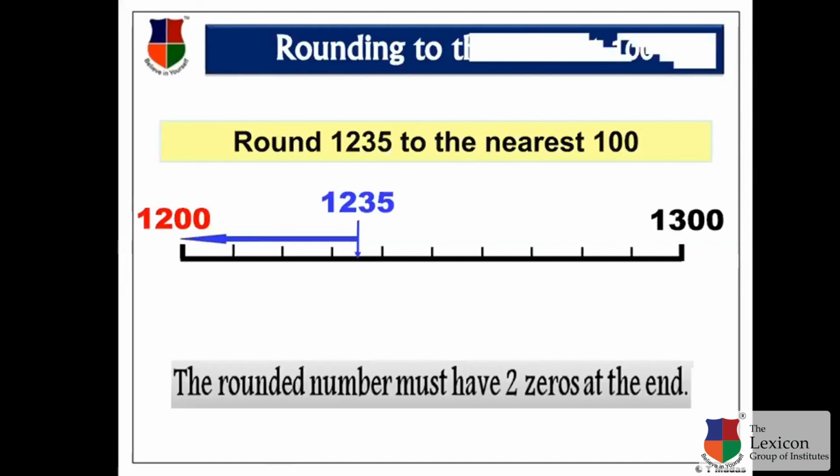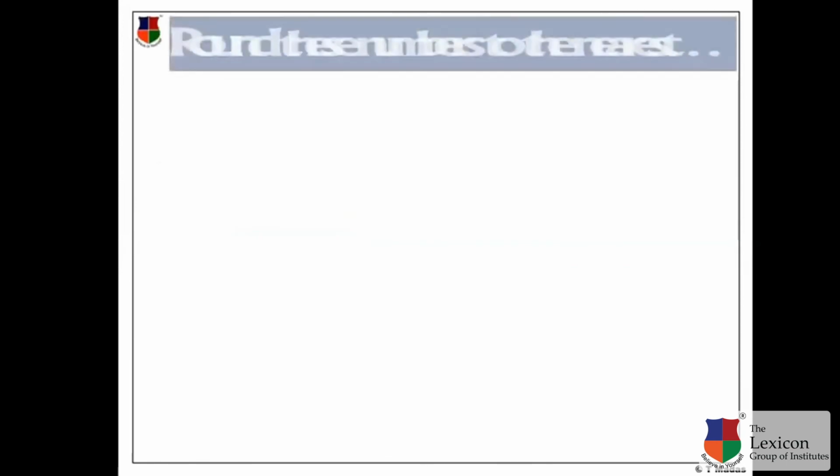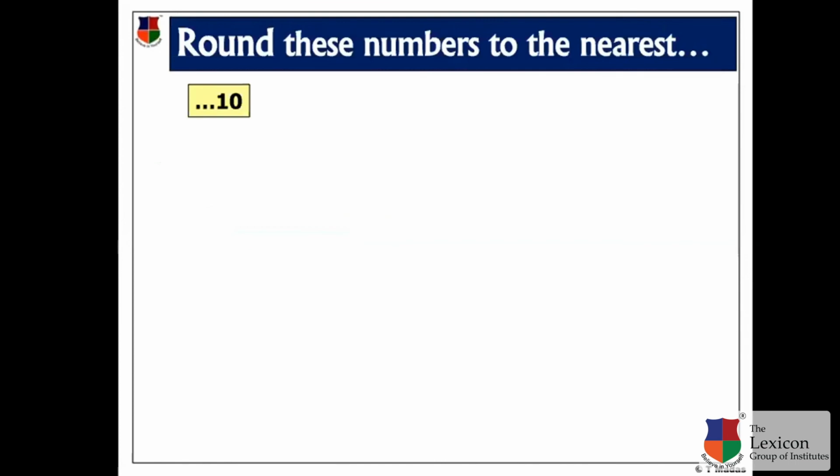So when I round off 1235 to the nearest hundred, my answer is 1200, and it has 2 zeros at the end. Now we will see more examples of rounding off to the nearest tens. The number is 145, correct? It is ending in 5, so I have rounded it up, that is 150.